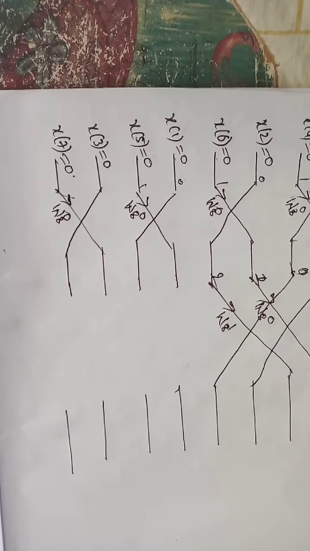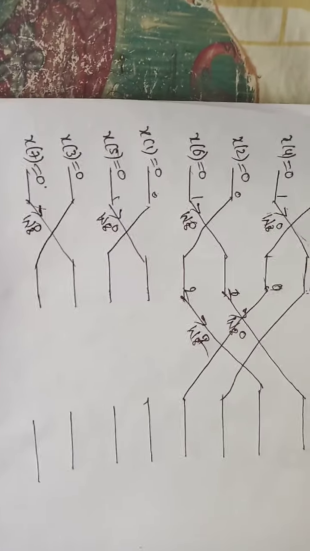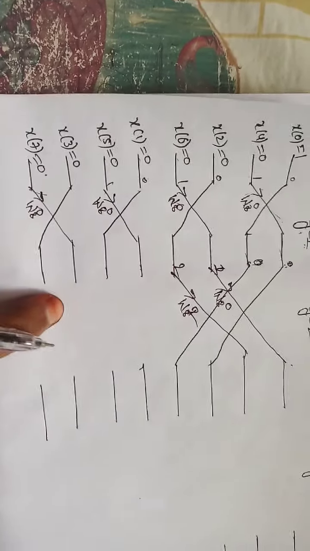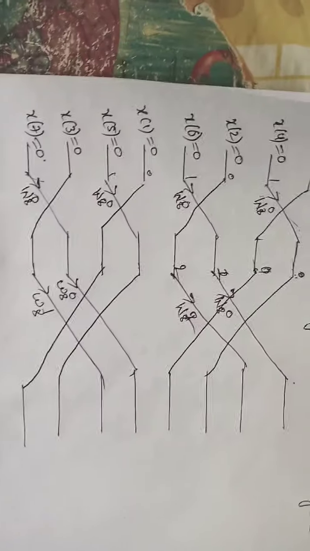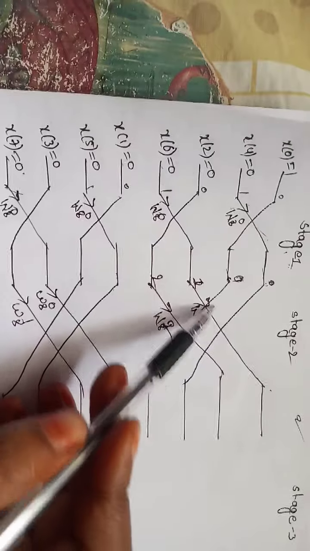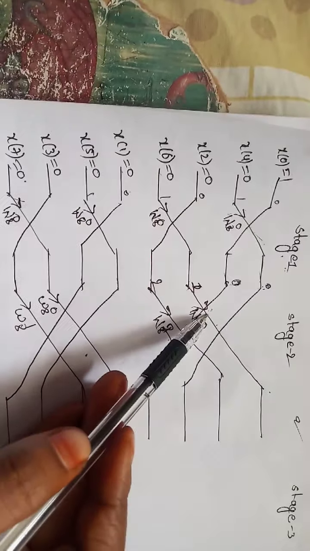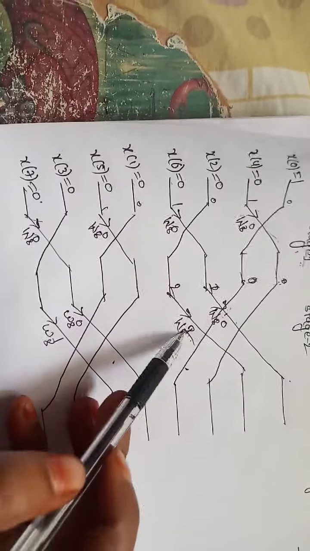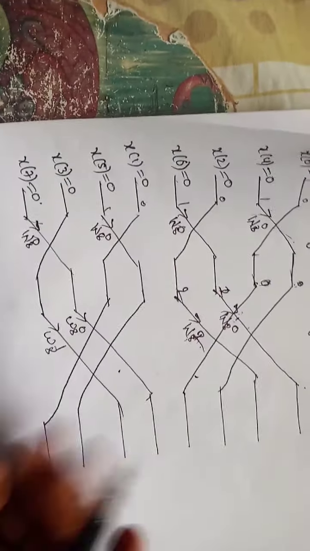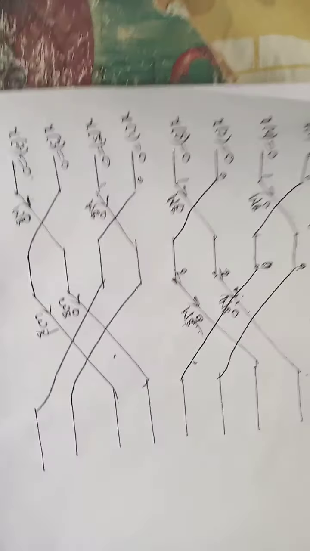That's why we are taking W8 of 0 and W8 of 1 only. Next, likewise the same butterflies are repeated here in stage 2. So here we got 4 butterflies, and only 2 twiddle factors, and these 2 twiddle factors are repeated 2 times.